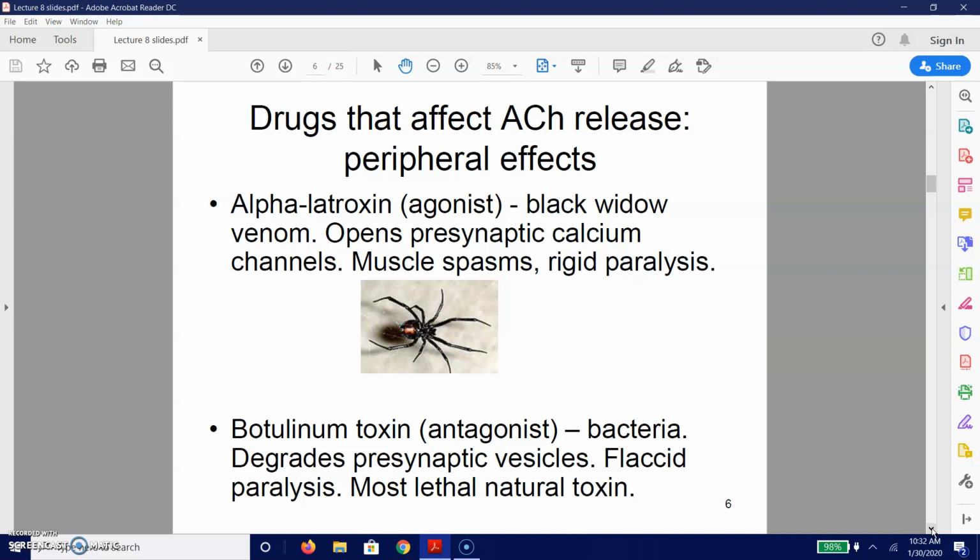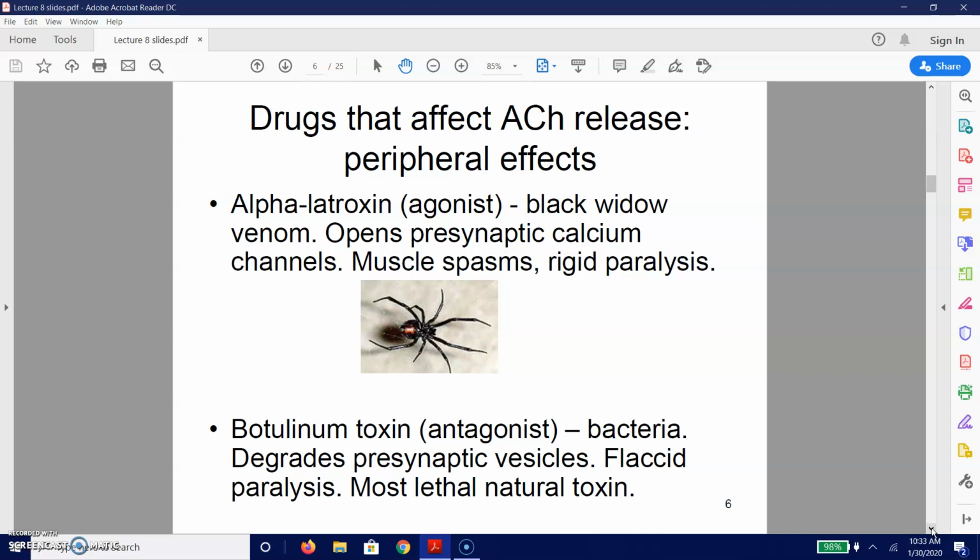Typically, this is going to open presynaptic calcium channels, and as we are going to learn very soon, the more calcium influx that you have, the more that vesicles can dock and release more neurotransmitter. So this will produce a variety of different effects because of that enhanced acetylcholine release.